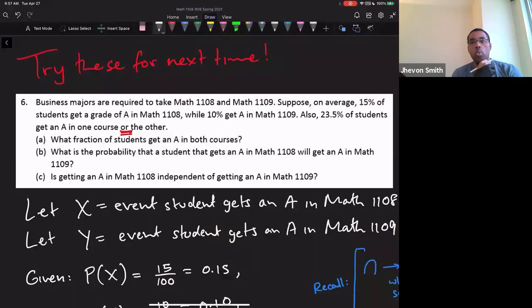So part B, what is it asking us for though? Probability of what? The probability that the student who gets an A in Math 1108 will get an A in Math 1109. What is that asking me?